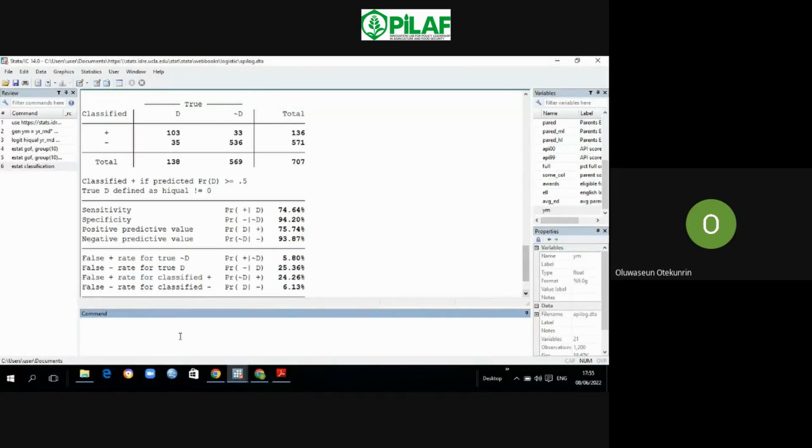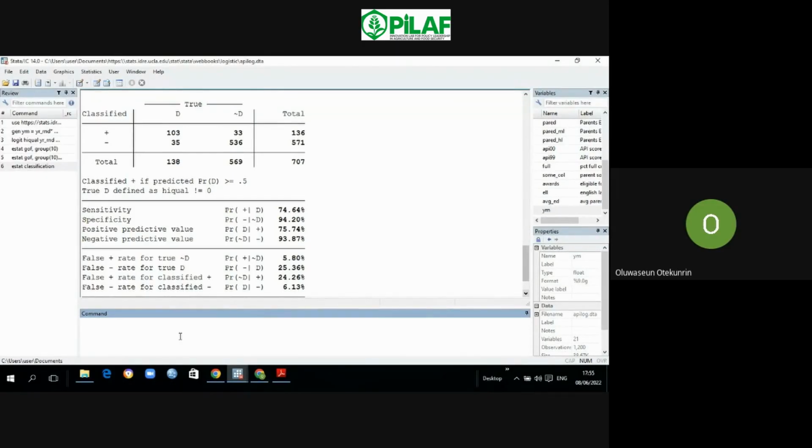So the same thing with our C, false negative. What is false negative? This thing here is high quality, but the test is saying that it is not of high quality, whereas it is of high quality.